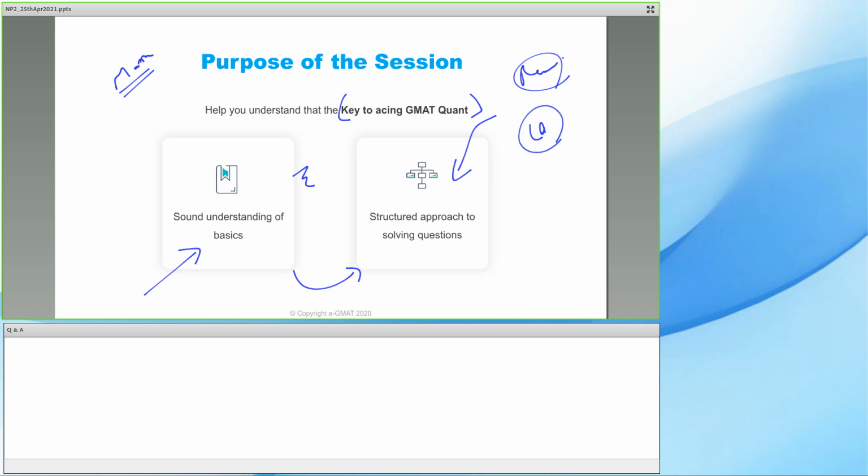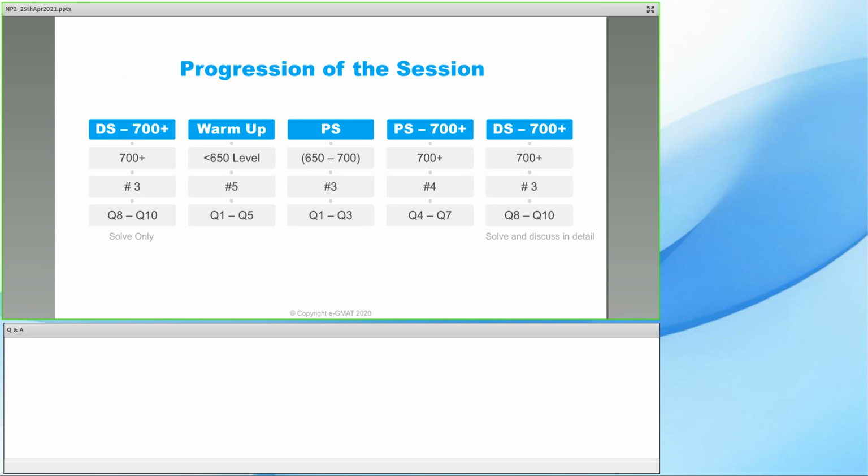And to do that, what you need is a structured approach, or what we call a proper process. That's something I want to impress upon you right at this point, and by the end of the session you'll appreciate this a lot more. It's not just about the math, it's about the process, following a systematic method so that you don't miss out on any pieces of logic that you should. So keep that in mind: logic over math.